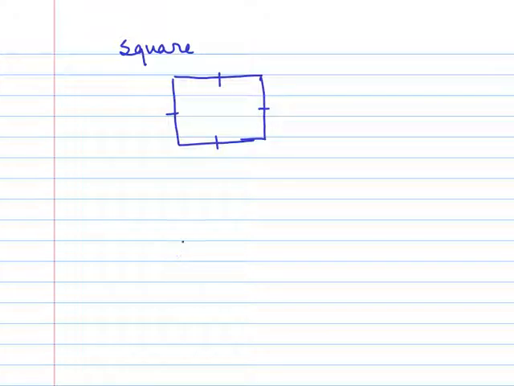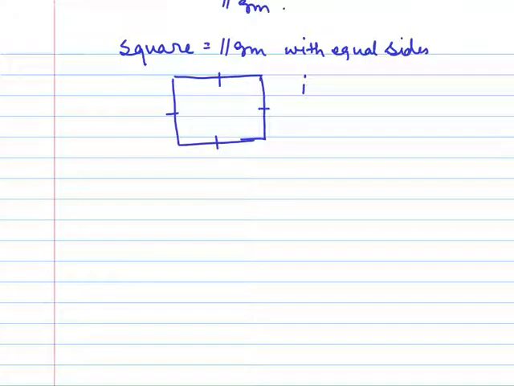So a square is also a parallelogram with equal sides, right? It is a parallelogram with equal angles as well, right? So it makes a special case of a rectangle.